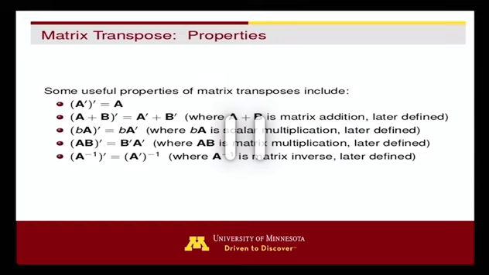So if you want to practice that, you can take two different matrices, but the matrices must have the same dimension. You add them up and find the transpose of it, the same as that.